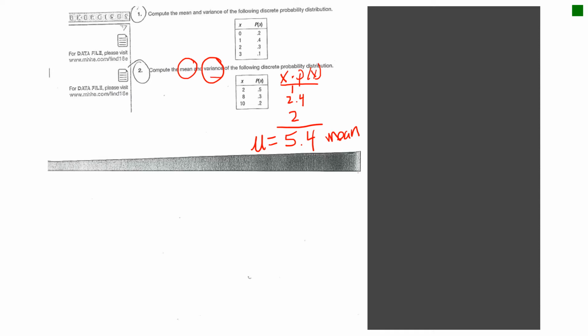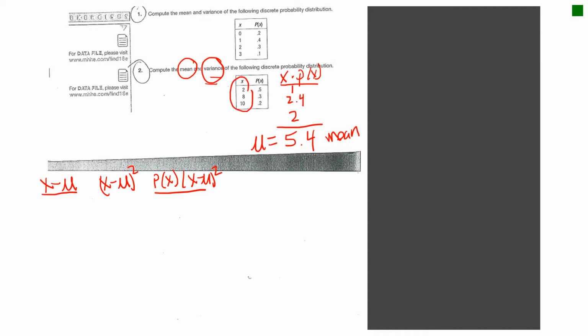Now, the next step is to get the variance. So down here, I'm going to set up some columns. We're going to have x minus mu. We're going to have x minus mu squared, and then we're going to have the probability of x multiplied by x minus mu squared. And so to start this off, again, here's my x's.